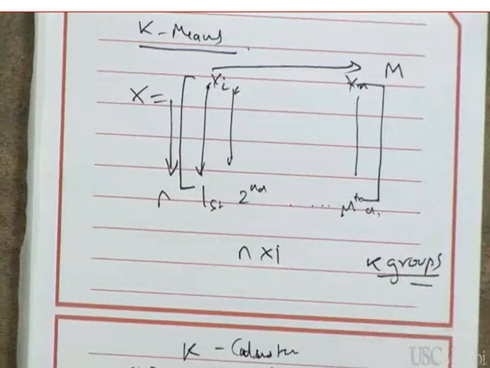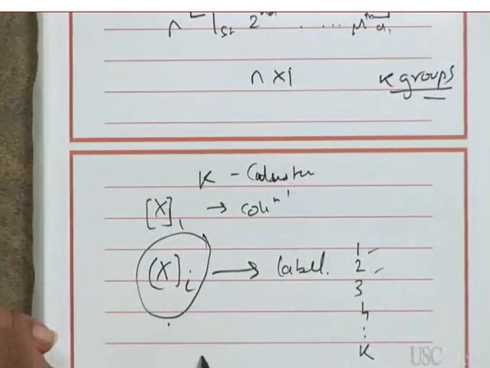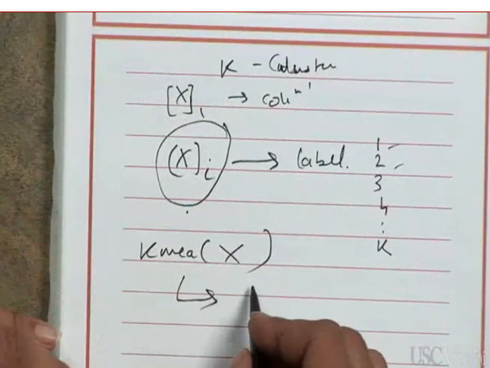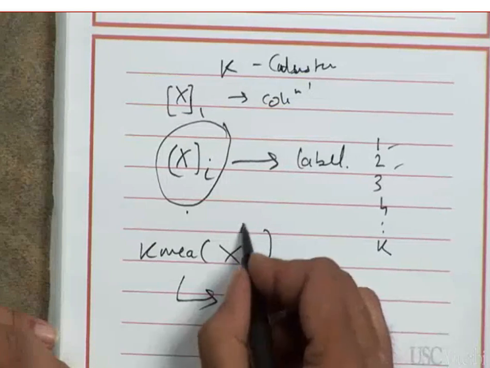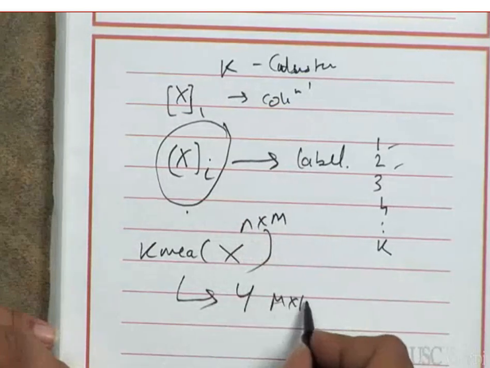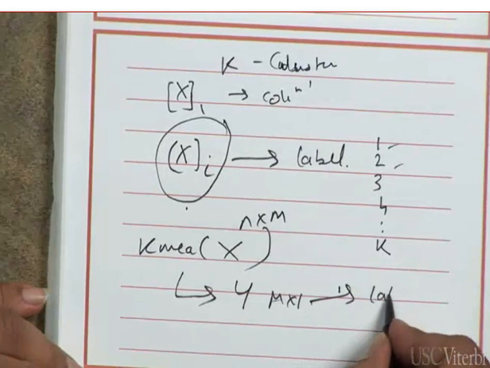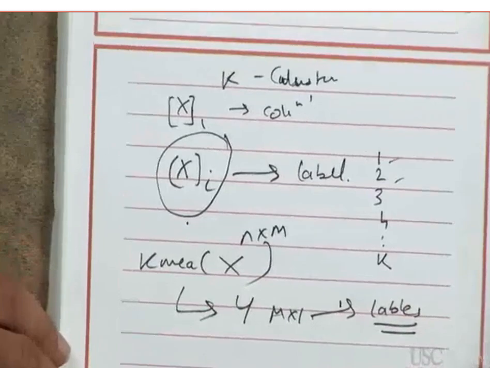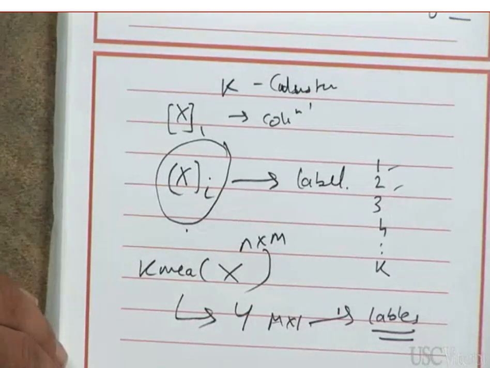So eventually what you have to do is you give this as input, and you get a vector y, which is of size m by 1. If this is n by m, this will be m by 1, and each of the m locations will give you the label or the category of the vector. Yes, I'm going to that. I'm just building up the notation.